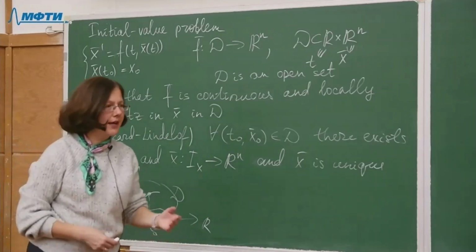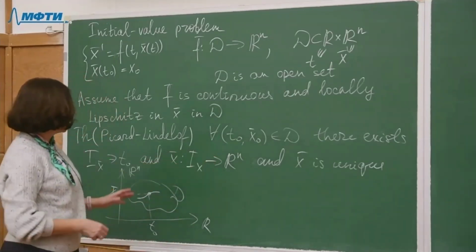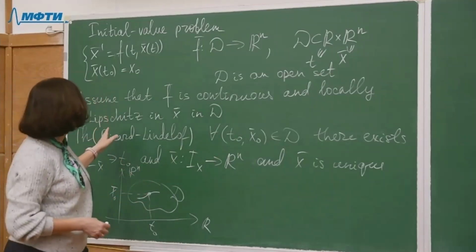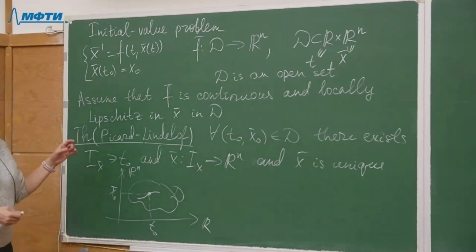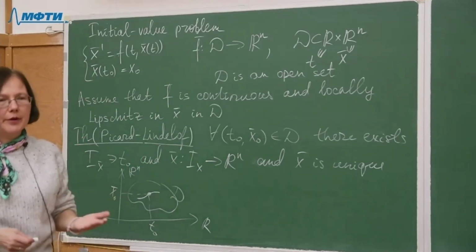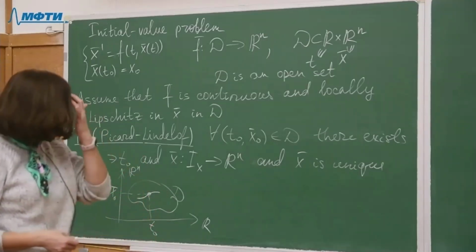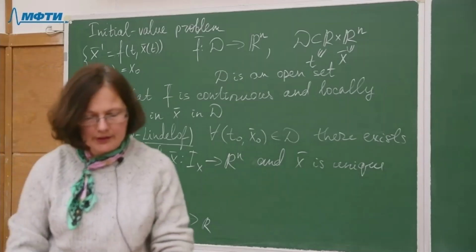This means that if there is another solution from Ix to Rn, then these two solutions coincide. We will use this in what follows. This is a very important theorem, and today we will consider applications of this theorem, and we will move further. We will discuss global existence.